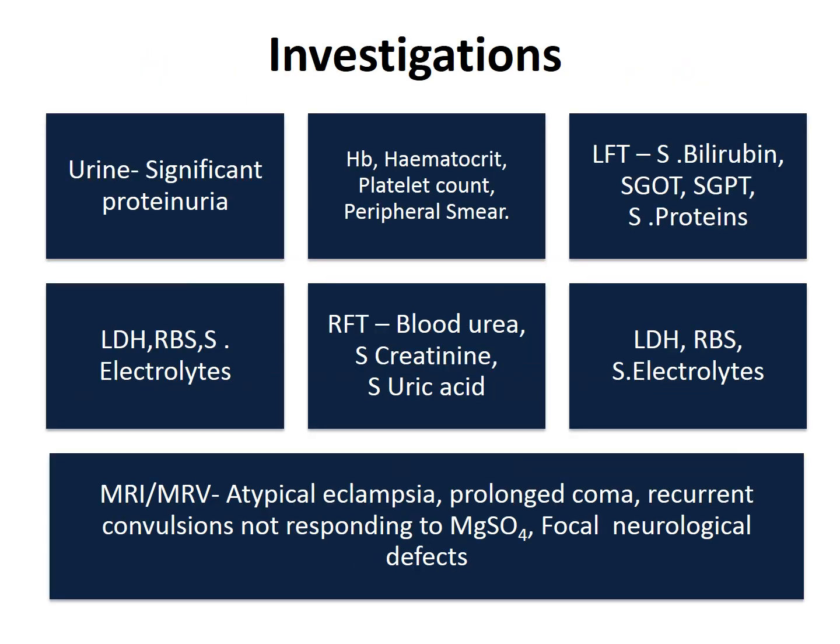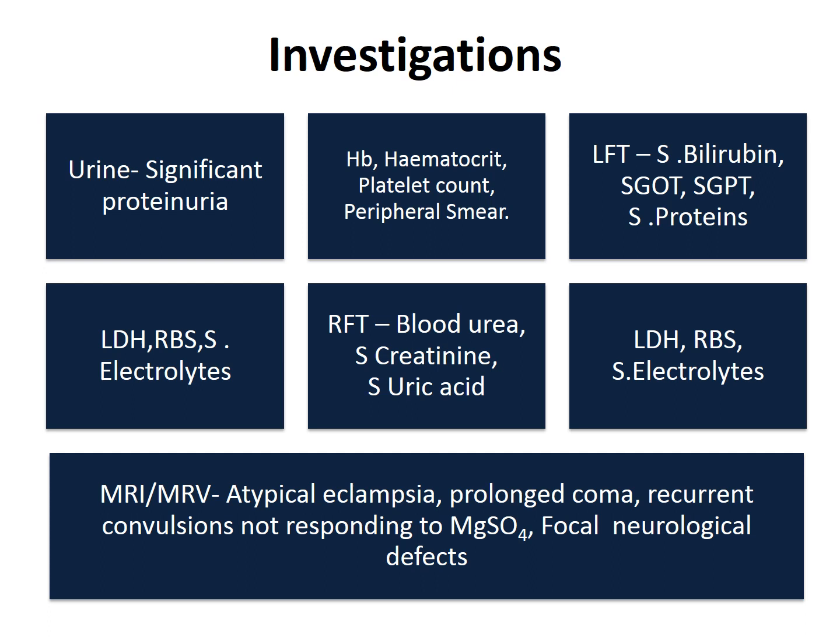The investigations to be done in eclampsia are the same as we do in severe preeclampsia, like urine for proteinuria, hemoglobin, hematocrit, platelet count, peripheral smear, LFT, RFT, LDH, random blood sugar, serum electrolytes.